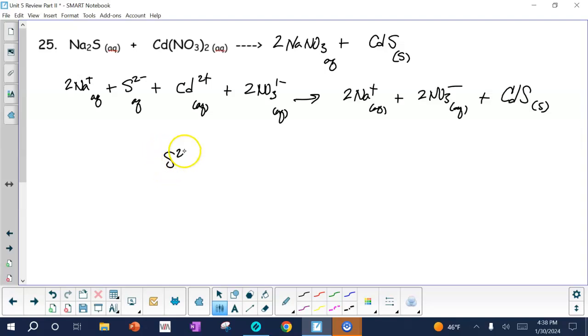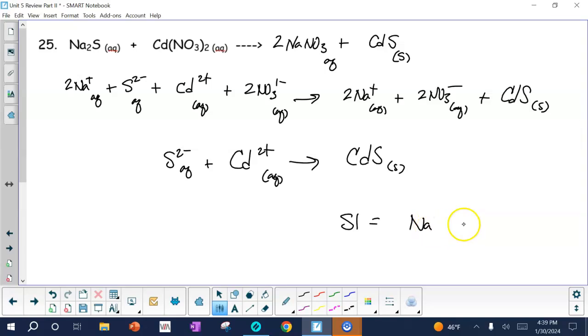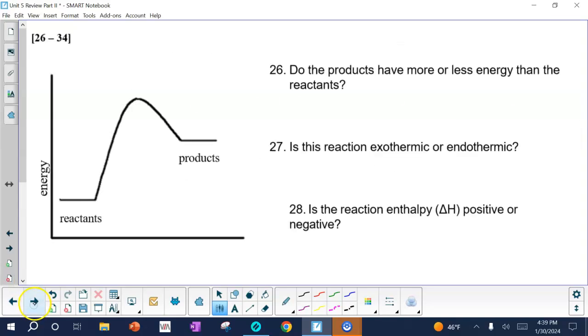The sulfide anions and the cadmium cations changed. Spectator ions are going to be sodium and nitrate. Those are your cations and anions. So that was it for complete ionic, net ionic, and spectator ions.